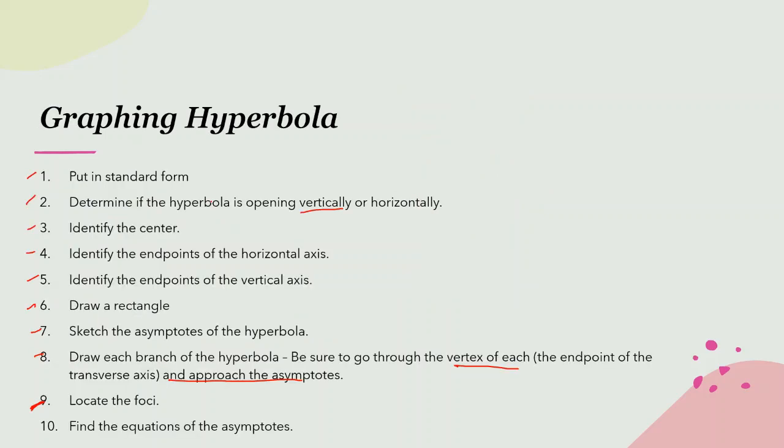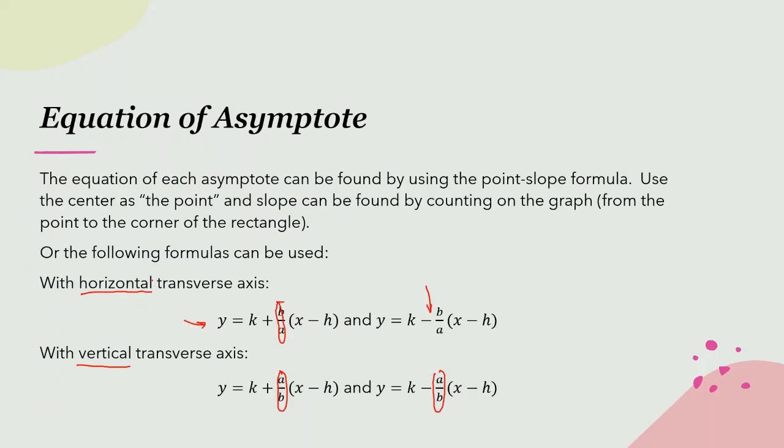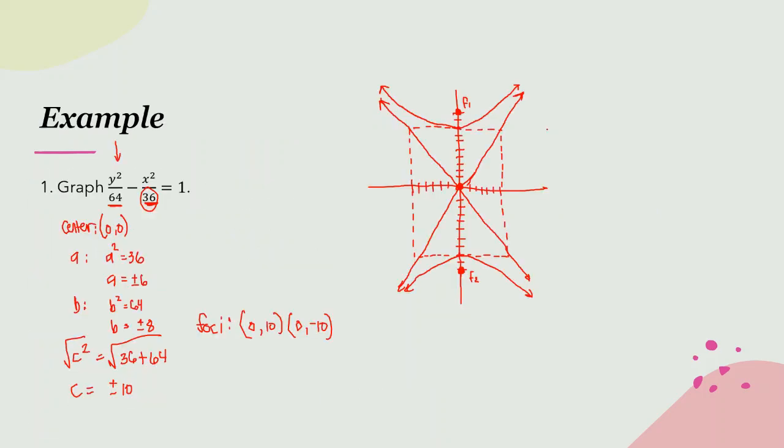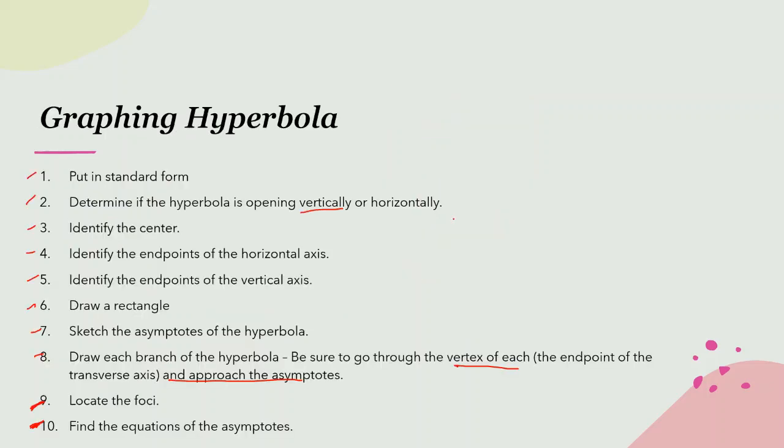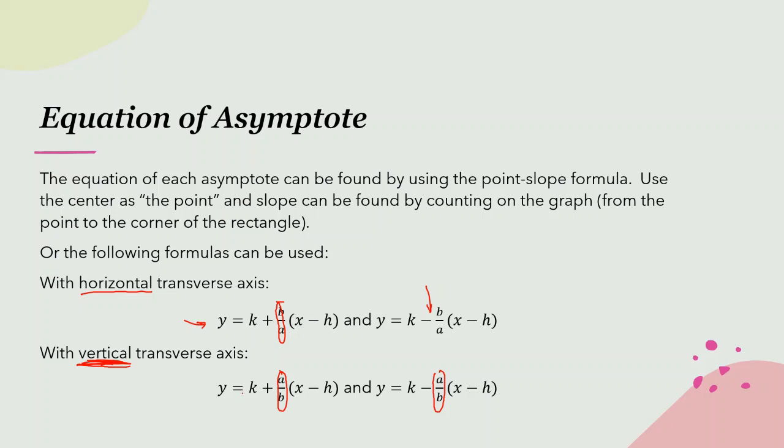Now, after we have located the foci, we have to find the equation of the asymptotes. How can we find the equation of the asymptotes? Again, we have to use this formula, and since the transverse axis is vertical, again class, the transverse axis is the longest axis in our hyperbola, and since the vertical is the longest here, we'll be using the vertical transverse axis formula.